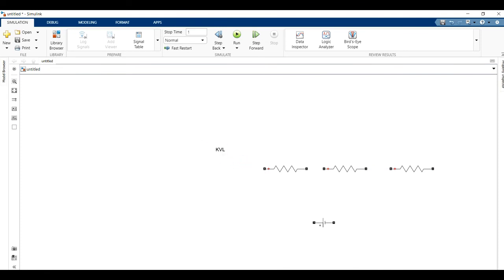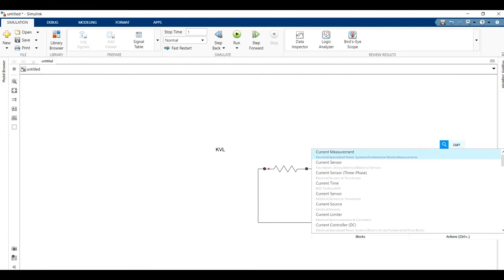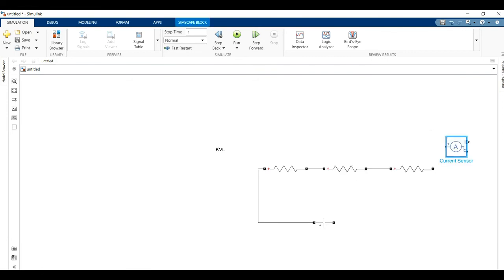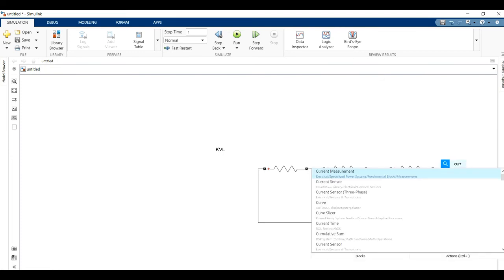Now we have to measure the source voltage and the voltage drop across VR1, VR2 and VR3. Now connect the voltage source to R1, R2 and R3 to form the loop.